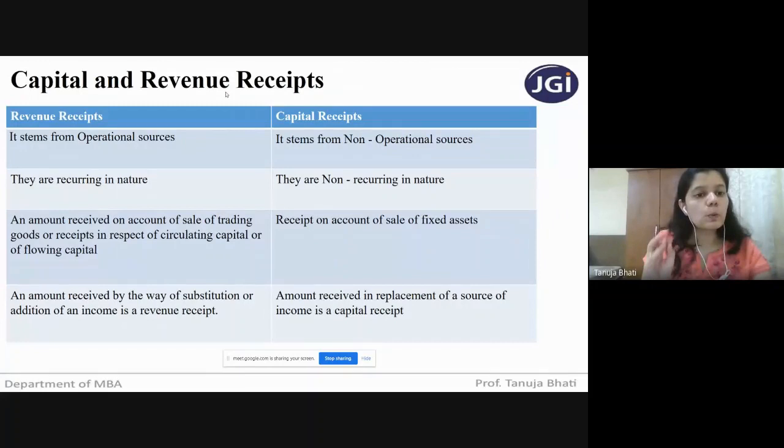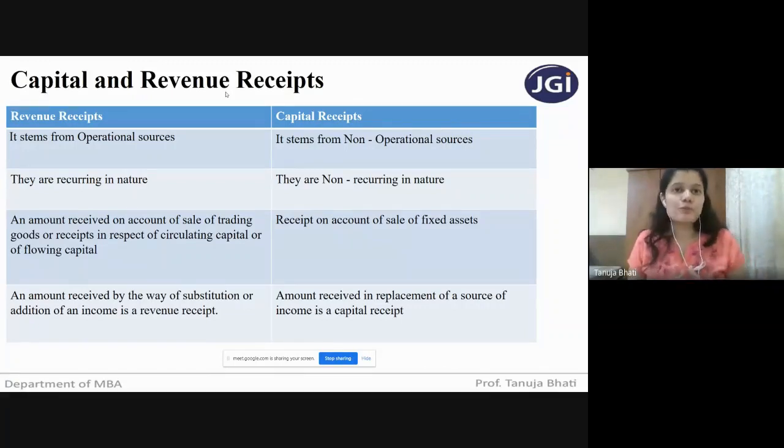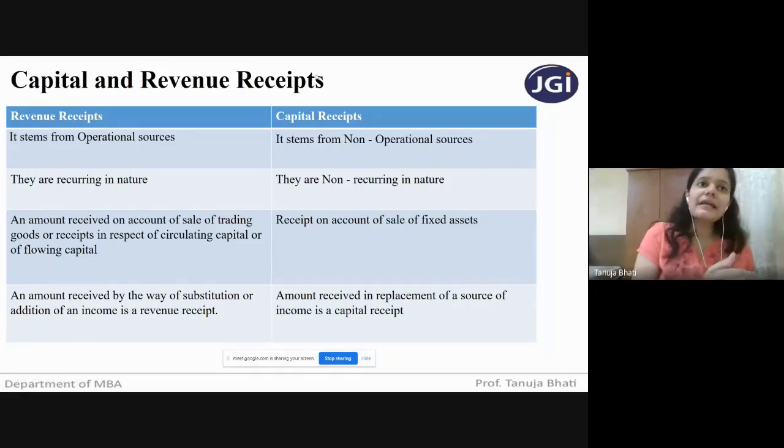So whatever income you are getting from the operations of your business, from your primary source of business, any sort of receipt, inflow or income, is your revenue receipt. On the other hand, capital receipts are those receipts which are not relating to your trading activity, which are not relating to your day-to-day primary source of earning income. So it is capital receipts.